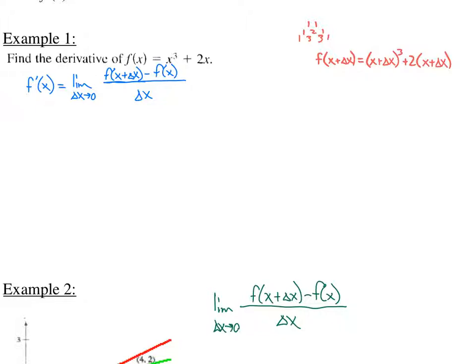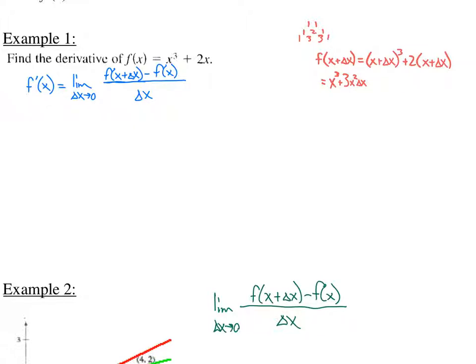So I know it's going to be a 1 x cubed plus a 3 x squared delta x. Remember the two variables? The first one starts at the highest exponent and counts down. And the second one starts without any of them and then starts counting up with the exponent. Is this coming back to memory? Okay.